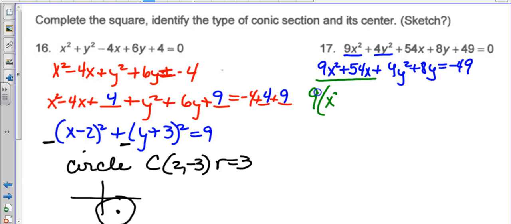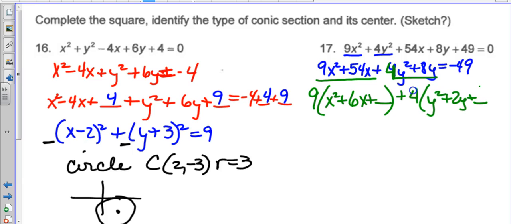So I will have 9x squared plus 54 divided by 9 is 6. I need to leave a blank. What do I take out of the y's? That's supposed to be a 4, yeah. And then I have over here equals negative 49 plus a couple blanks that I don't have room for.